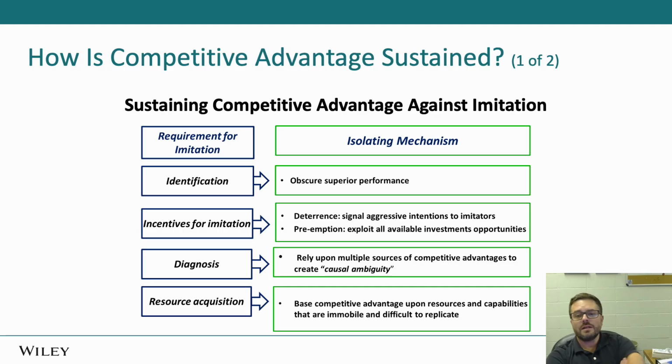An example I love for this idea is Buc-ee's. I think I've mentioned Buc-ee's in another lecture, but if you were to try and figure out what makes Buc-ee's so financially successful, I don't know. Is it that they have 50 gas pumps? Is it that they have large locations? Is it where they put their locations?